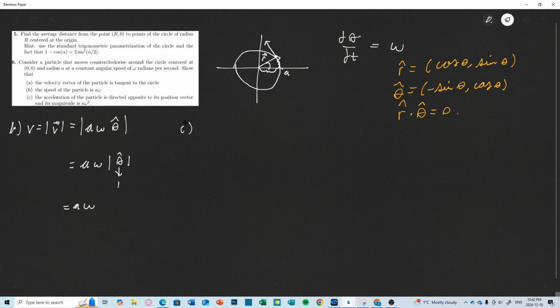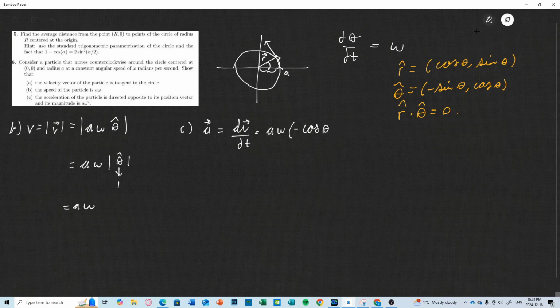Now for part C, we want to show that the acceleration of the particle is directed opposite to its position vector and its magnitude is a omega squared. So to do that, what we need to do is to find our acceleration, which is equal to the derivative of our velocity vector with respect to t, which is a times omega, and then it's going to be negative cos theta, and that will be multiplied by the same thing.